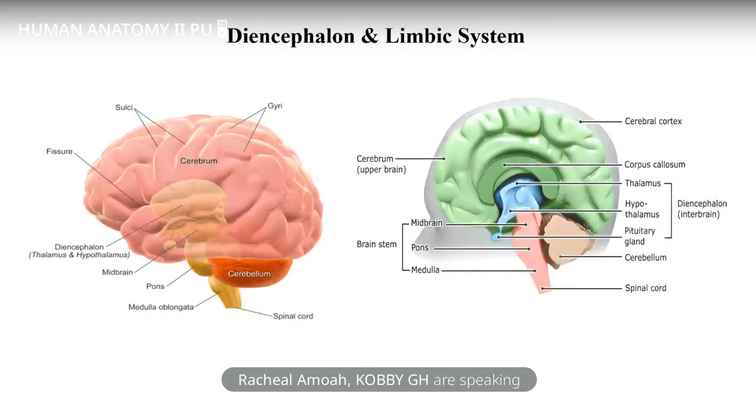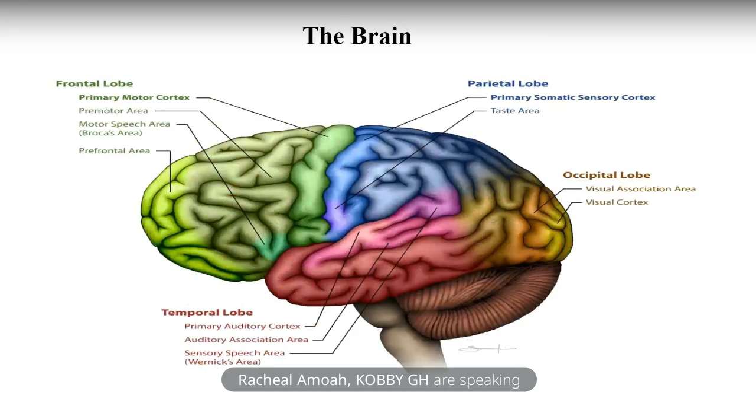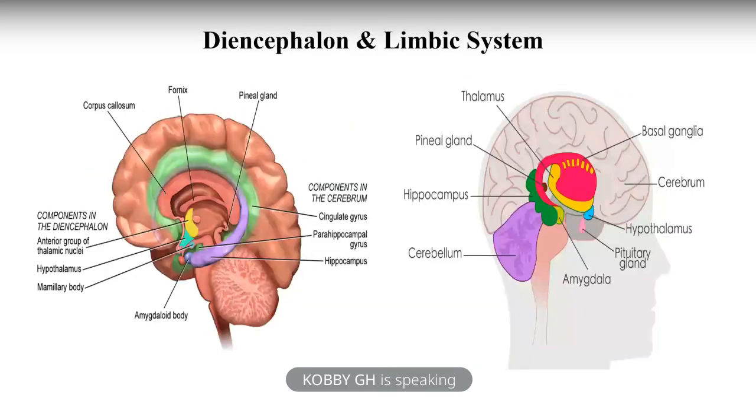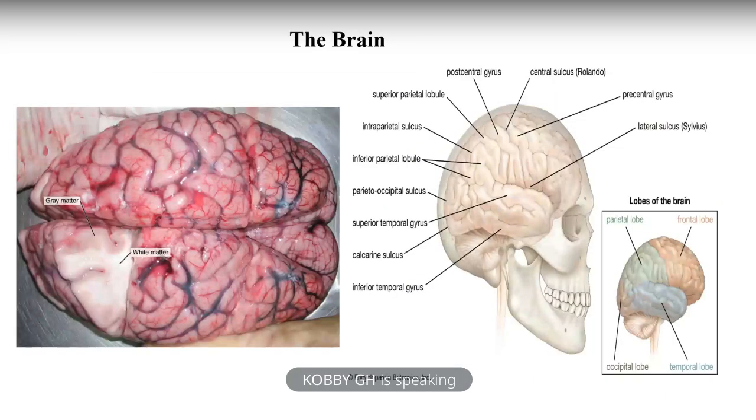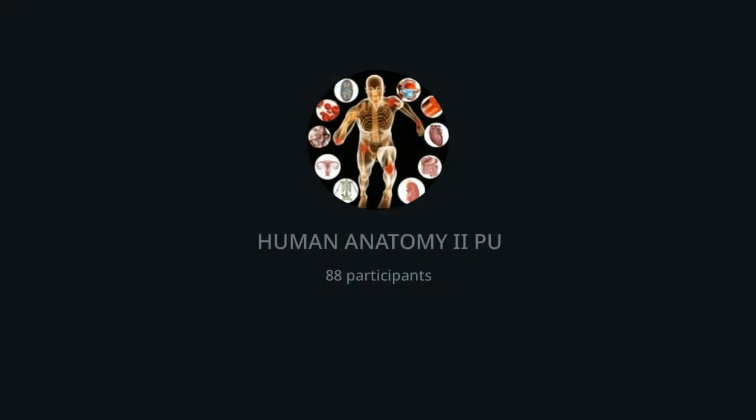Okay, so look at this diagram and tell me which one is the gyrus, which one is the sulcus. Which one is the sulcus? Which one is the gyri? The one that is forming a ridge is the gyrus.